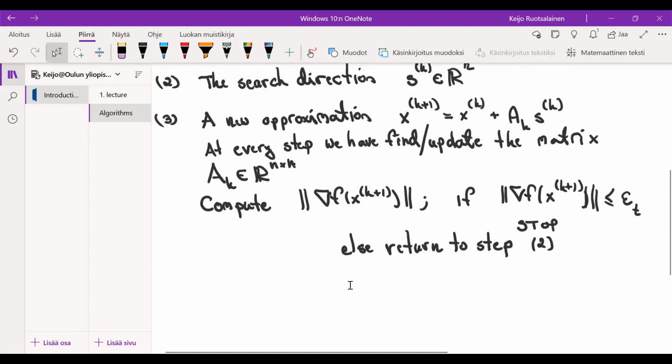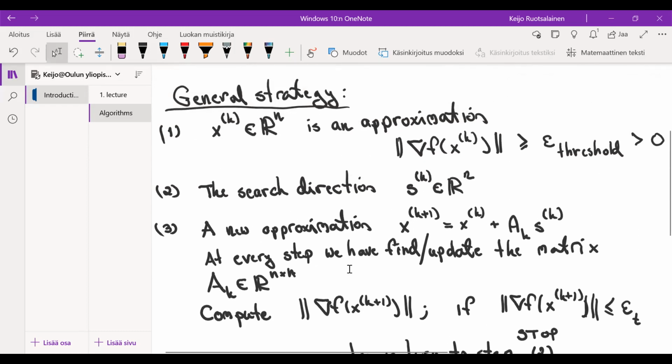So whatever algorithm you will find, they follow this one. So you start from a point, you take the search direction, then you have this matrix Ak. What is the matrix? This makes the distinction between the various algorithms. And then you compute the new approximation.